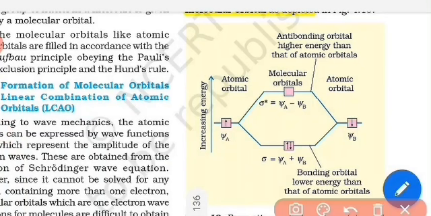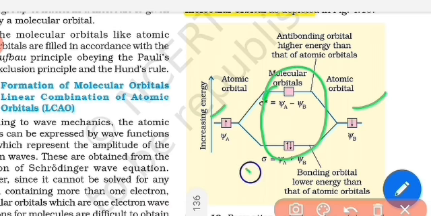As we have discussed postulates of molecular orbital theory, if two atomic orbitals combine, then two molecular orbitals are formed. One molecular orbital is known as bonding molecular orbital and it is related to lower energy level, and one is known as anti-bonding molecular orbital and it is associated with higher energy as compared to the energy of atomic orbitals.